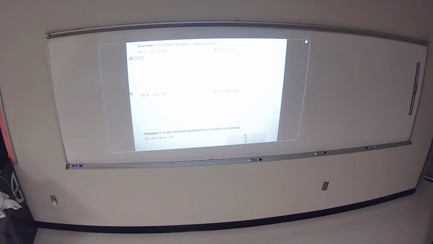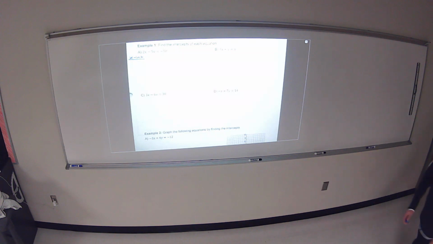just got done talking about this with the pictures. If you're looking for your x-intercept, meaning where it crosses the x-axis at, what must your y value be? It must be 0. Because that's the only place where it's going to cross the x-axis at, isn't it?